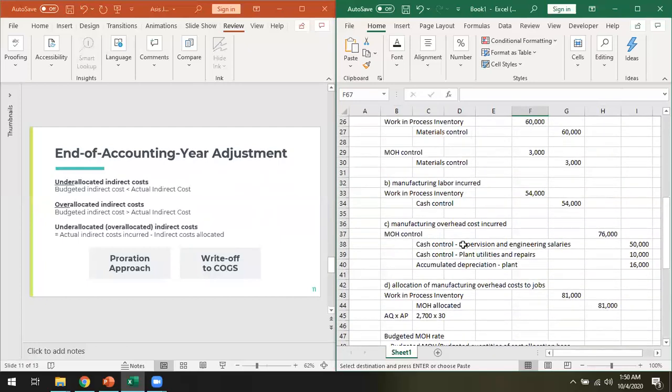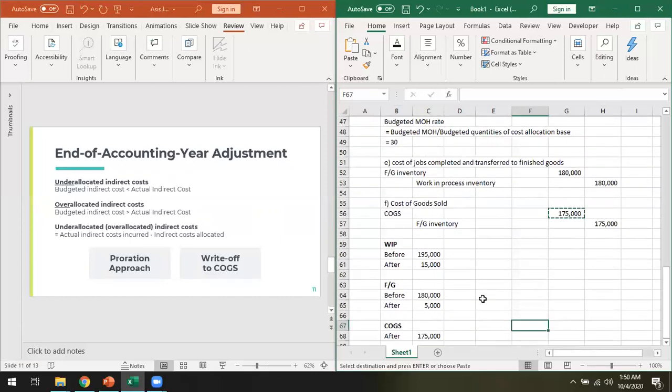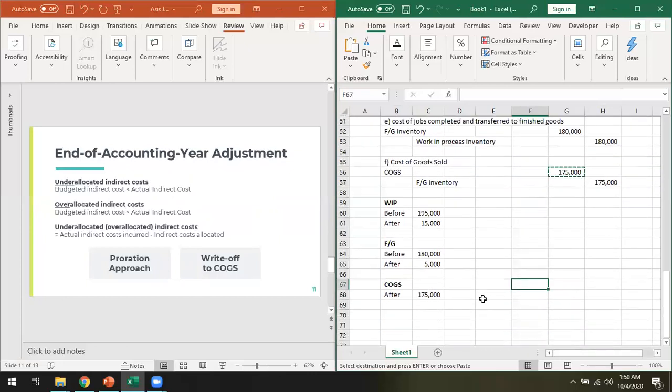Let's see, from this example, it is different. The manufacturing overhead control is 3,000 plus $76,000. However, the manufacturing overhead allocated is $81,000. So most of the time, it's possible to have a different amount of manufacturing overhead control and manufacturing overhead allocated.